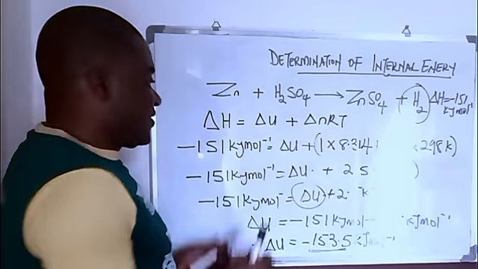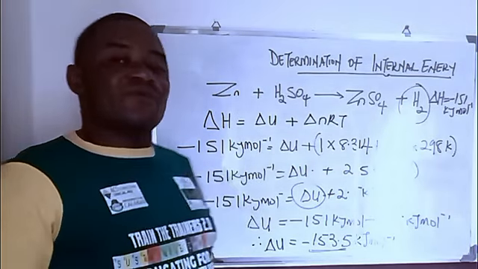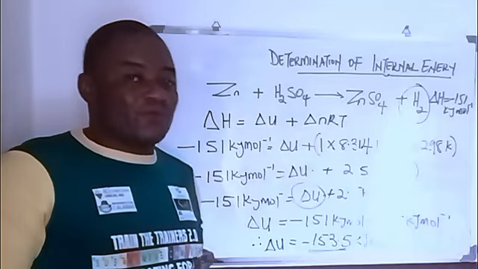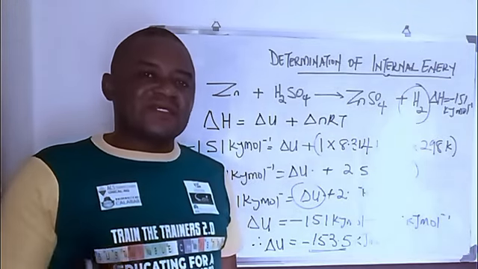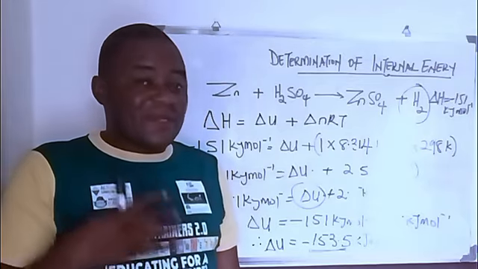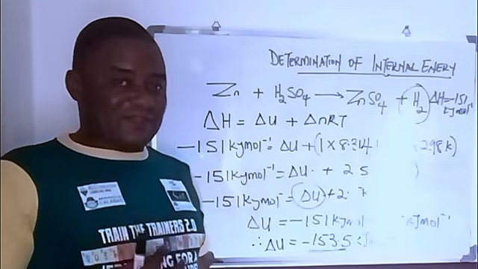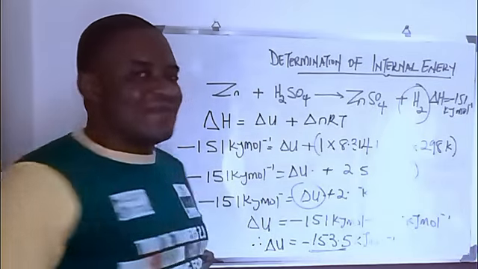Now this is quite obvious because of the negative sign that you have gotten here, which means that the work done is actually the work by which the system gains energy. So the system gains more internal energy, and that is why the delta U is negative.